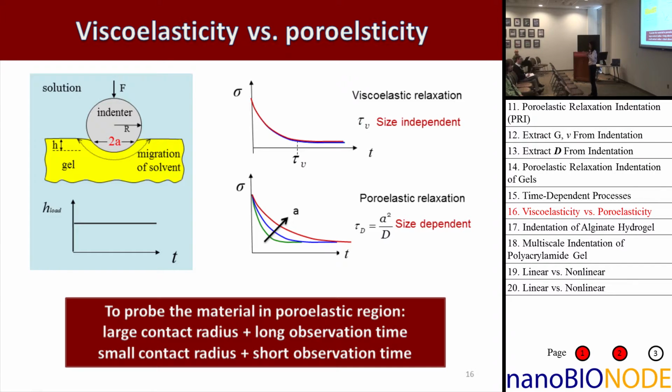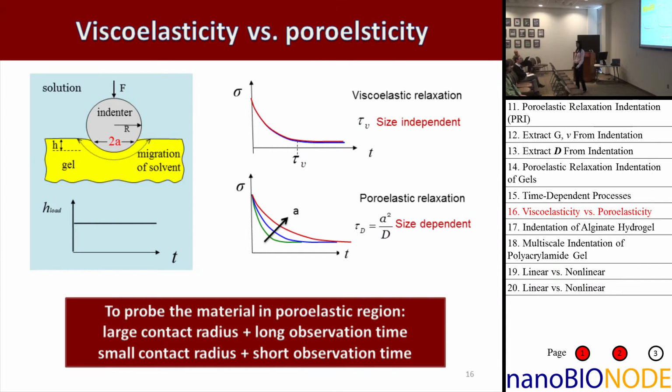The subsequent long time observation is due to the poroelastic effect, right? There is another way: you use a very, very small indenter. So the transport happens very, very fast. But you just focus your observation in the very beginning. You can still capture the poroelastic effect. And you don't care about the later viscoelastic relaxation, right?